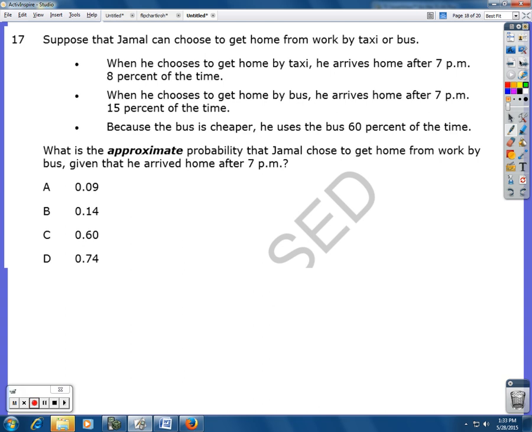When I'm facing a lot of probability stuff and a lot of different information, the easiest thing to do is to draw a probability tree. So we're going to start here with Jamal. Every day he faces a choice. He can ride a taxi or he can ride a bus home.